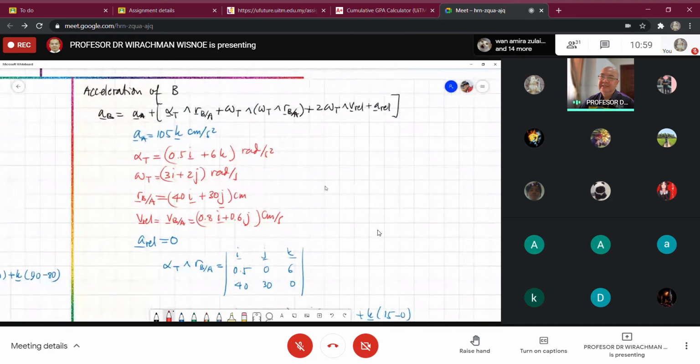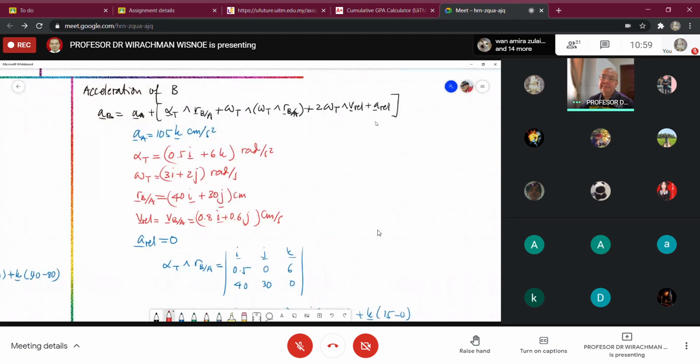And then from there, having everything you put inside. You see, this is a very long one. So again, don't go directly by putting all the values. Again, see one by one whether you have the value of each of these components. So you have AA, you just calculated previously. You have alpha T, you just calculated. Omega T you have.